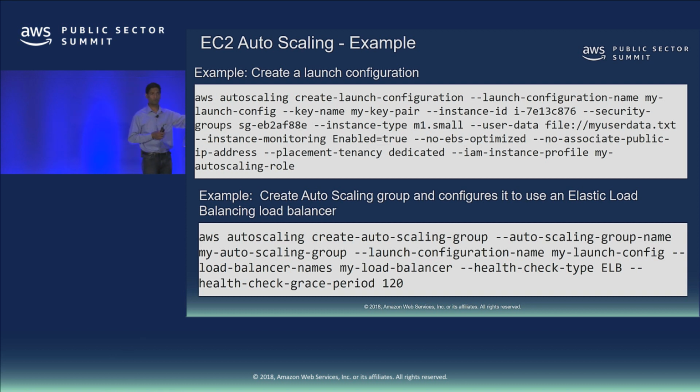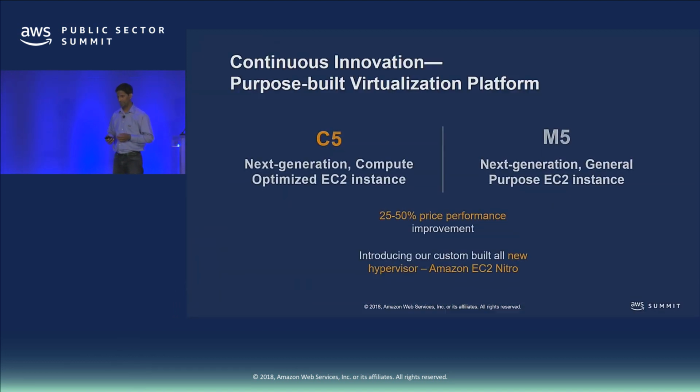It's pretty straightforward. It doesn't take a lot of coding, and you can automate this and include it in your provisioning process, be it CloudFormation or any other provisioning process that you use, as long as you are compatible with APIs.